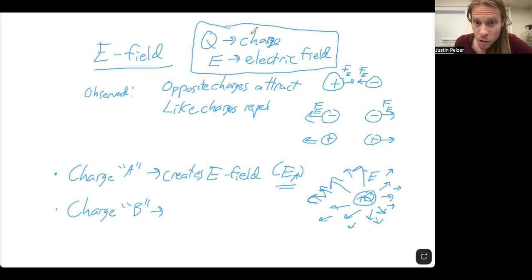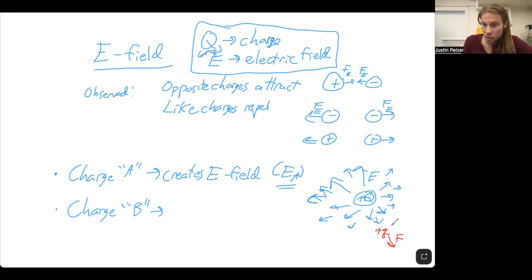So Q is charge, Q, or little q. Sometimes we'll do a little q. So if I have a little q coming into here, say we have another positive little q coming into here, it'll experience a force outward.